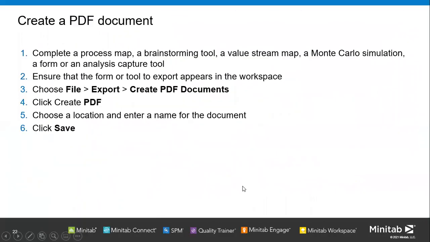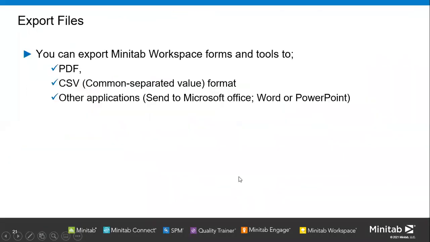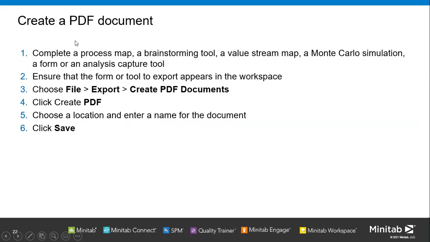For this case, you can export to a PDF file, for all the tools or the form, and if it is the calculations part, you can export to a CSV file, and then you can send to Word or send to PowerPoint. So how to do this?